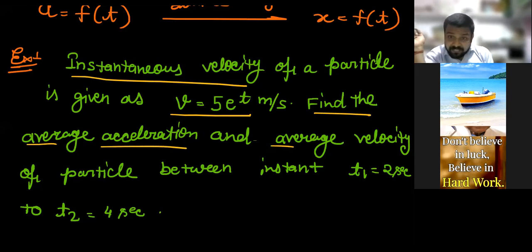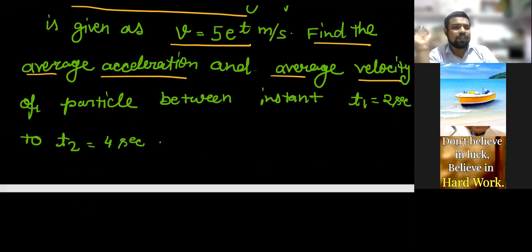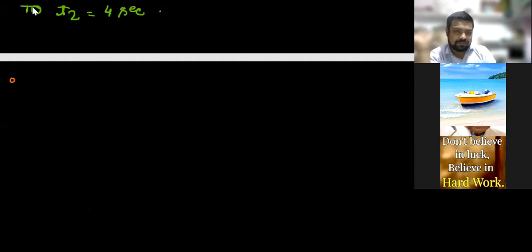Okay, and average velocity. So my dear friends, first of all, I want to ask what is the formula of average acceleration. Tell me. Tell me what is the formula of average acceleration. Average acceleration, what is the formula?